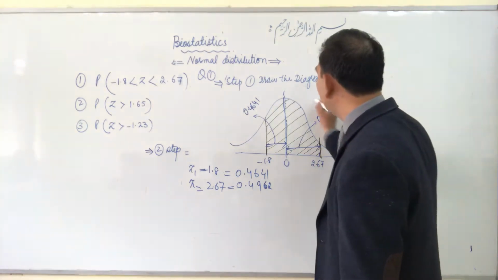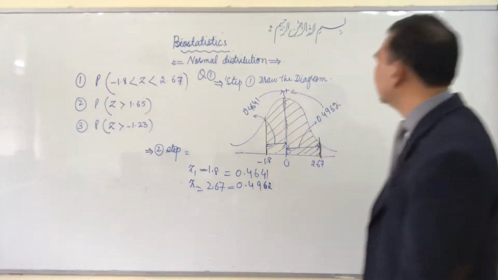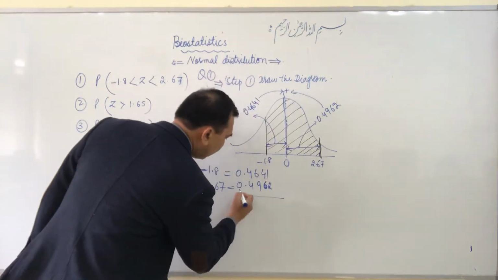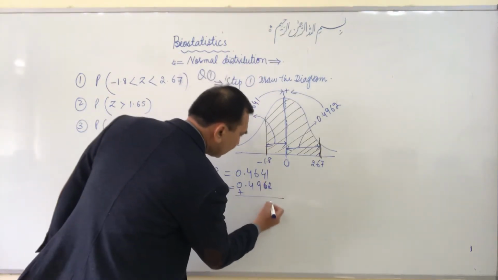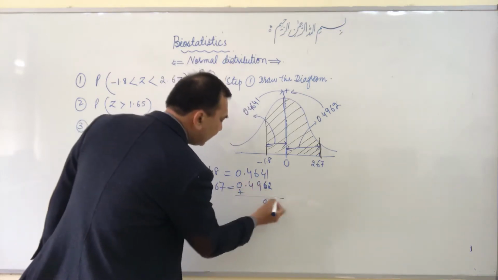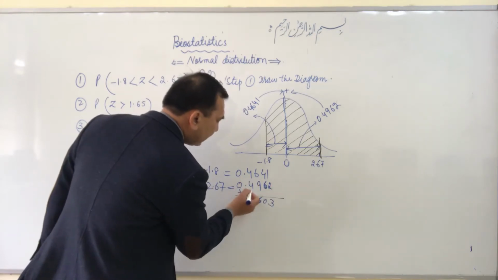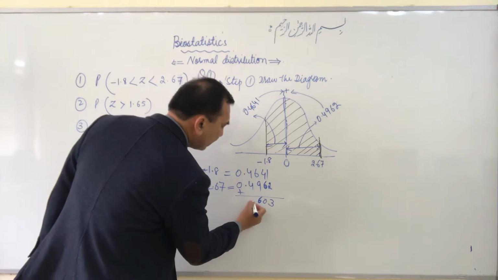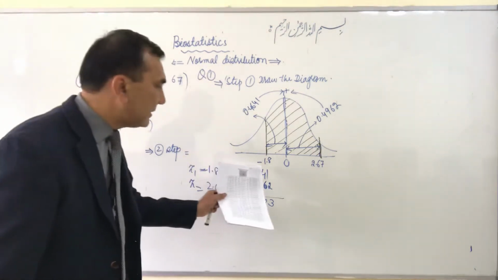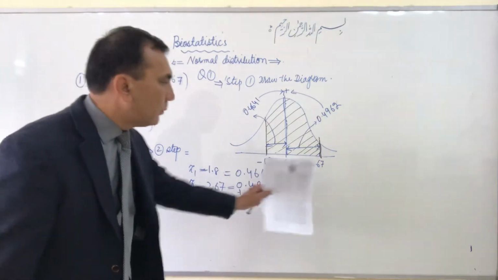So we will add up both the values. 2 plus 1 is 3, 6 plus 4 is 10, 9 plus 6 is 15, 15 plus 1 is 16, and 1, 8, 4 plus 4 is 8, 8 plus 1 is 9. 0.9603 is the area between minus 1.8 to 2.67.